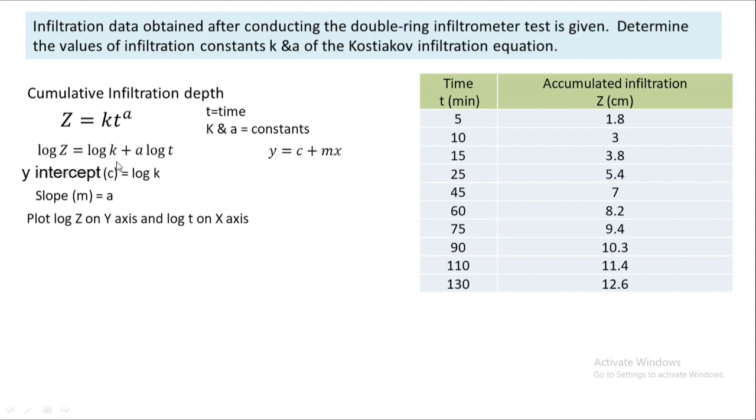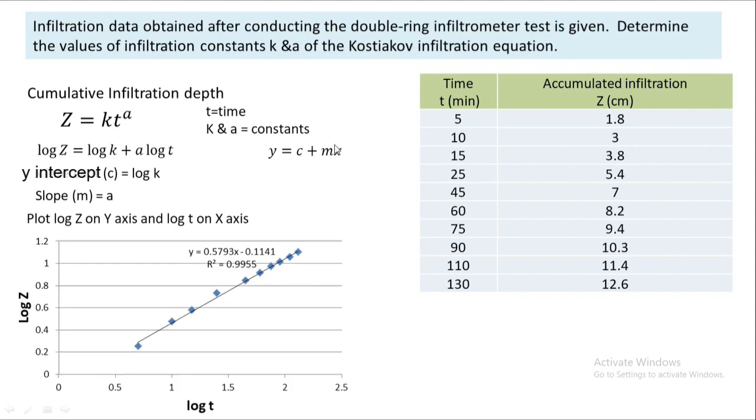Now, the intercept will be log K and slope will give us A. Now plot log Z on y-axis and log T on x-axis. Take log values of accumulated infiltration, plot it on y-axis. Take log values of time and plot it on x-axis. You will get a straight line and equation of straight line.